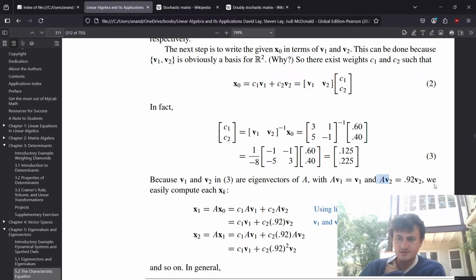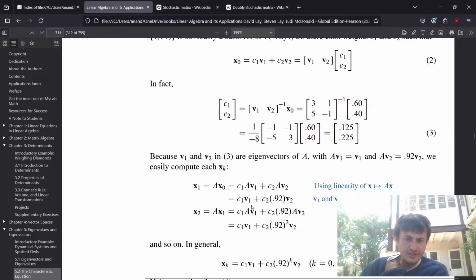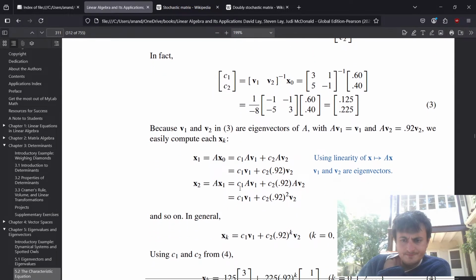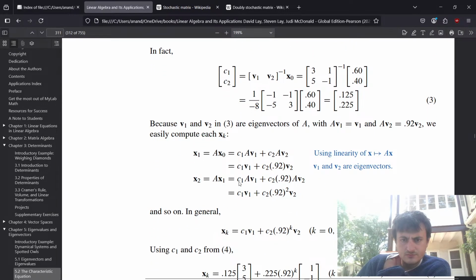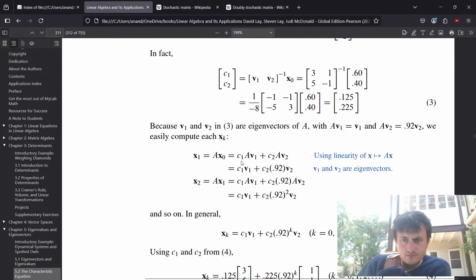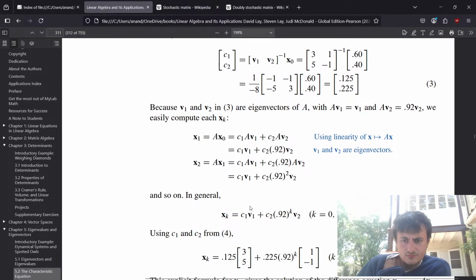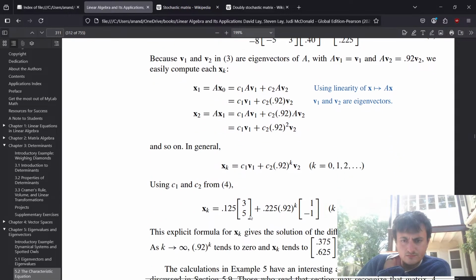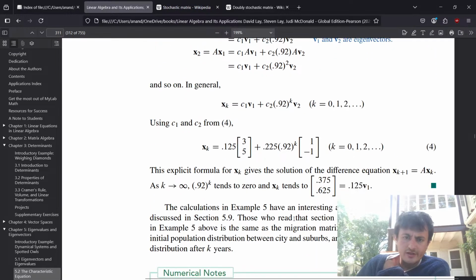Okay. We can compute each xk. Okay, all right, that makes sense.